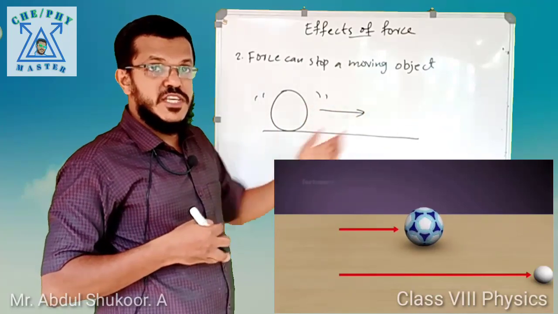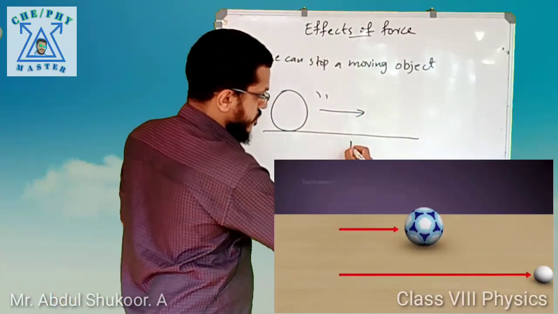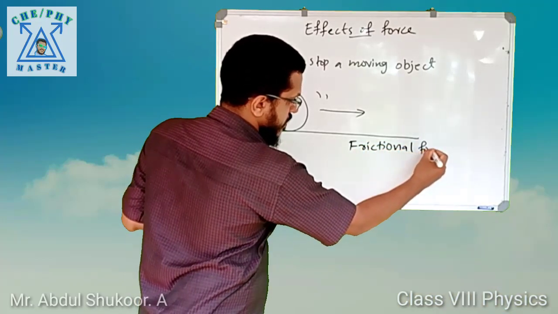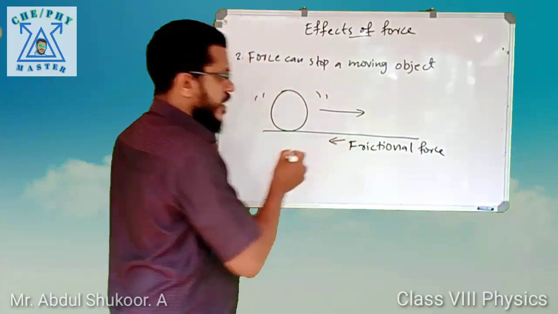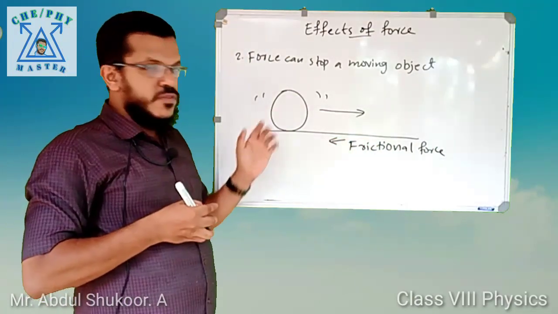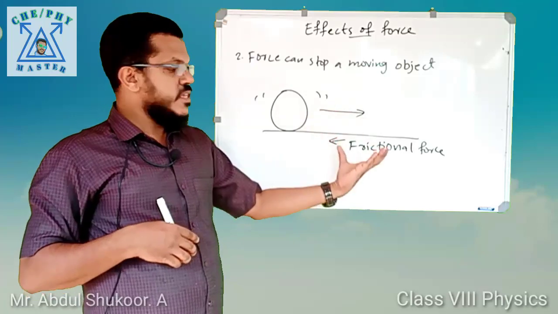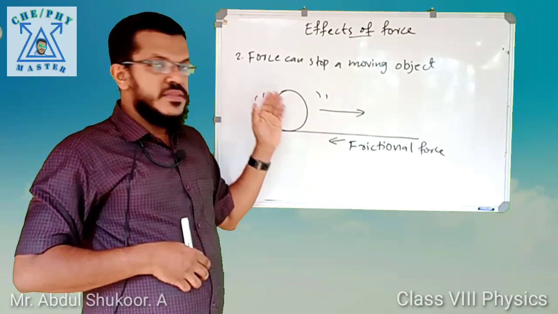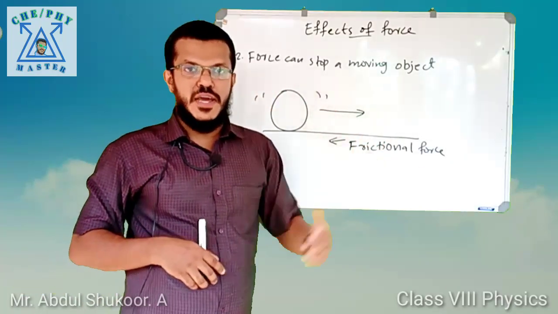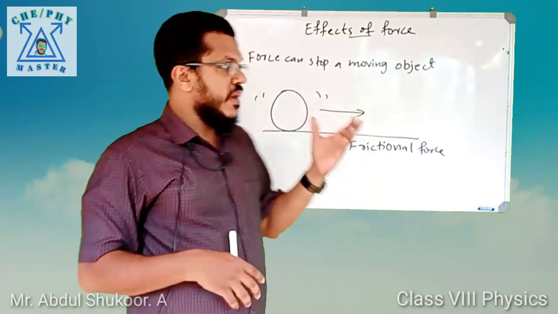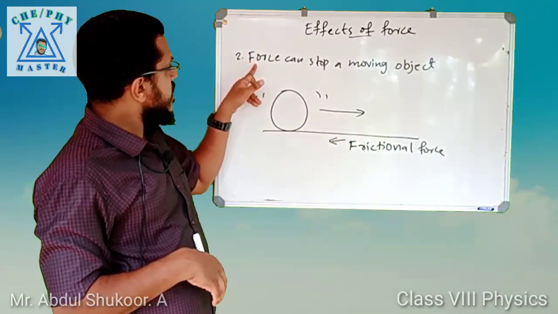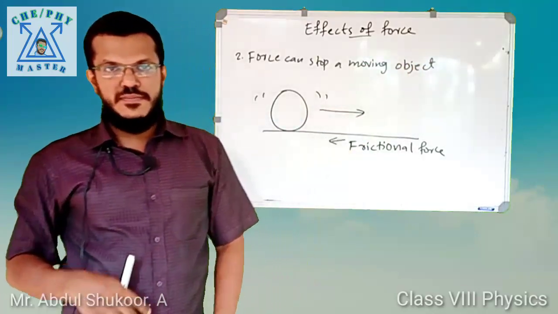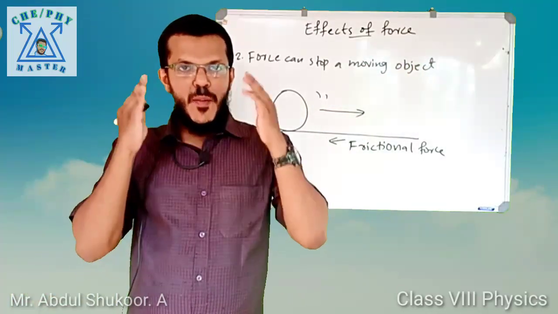That force is known as frictional force, or friction. This frictional force is also in the opposite direction of the motion of the ball, and here a force is applied by the floor on the moving object. That's why the ball comes to rest after some time. In that case, we said that force can stop a moving object.